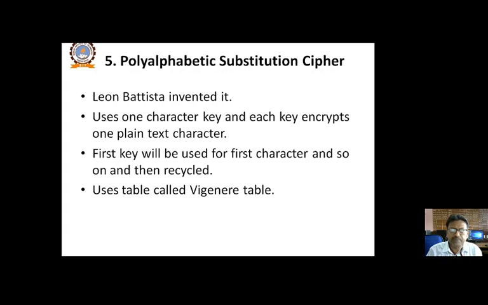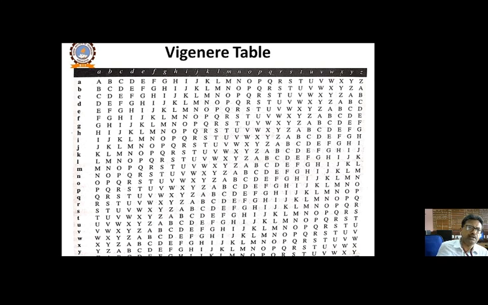And this polyalphabetic substitution cipher uses Vigenere Table. And what is that table? Depending on that, I am giving you the example of how this polyalphabetic substitution cipher is going to work. Now, this is the table which is given by Vigenere. That is why this table is known as Vigenere Table.